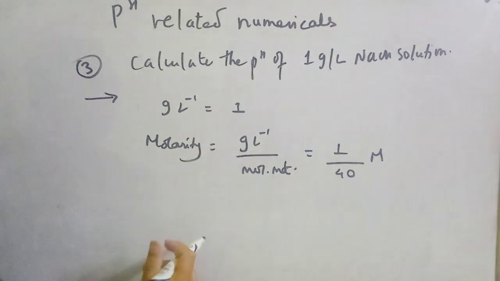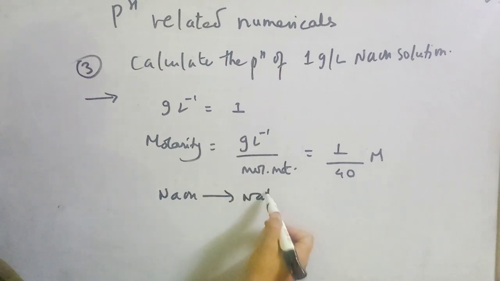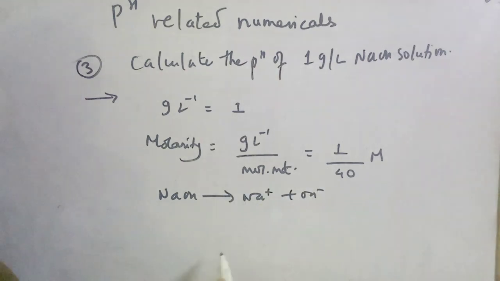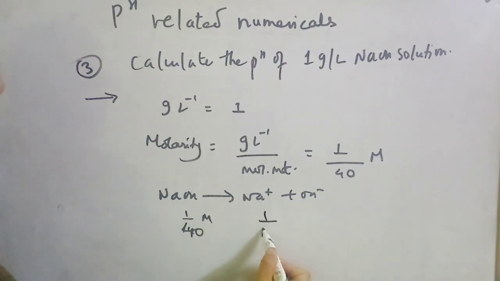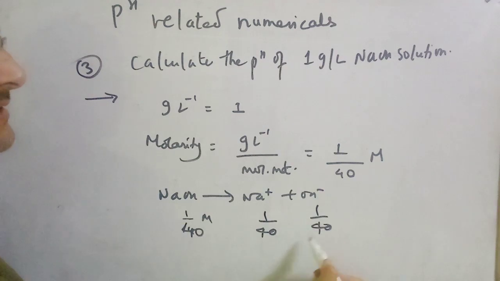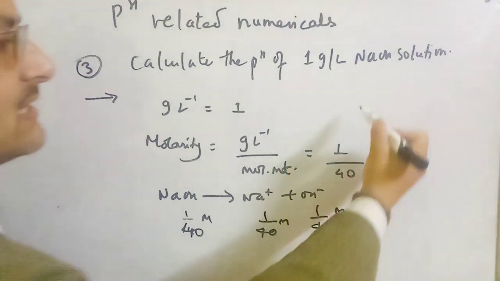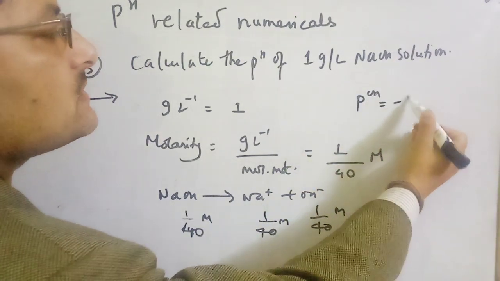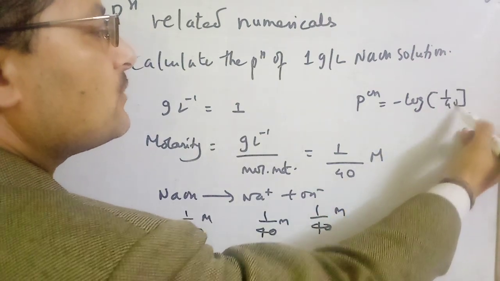Once you get the molarity value, then you can ionize NaOH into Na plus and OH minus. NaOH molarity is 1 by 40 molar, and this will also be 1 by 40, and this also 1 by 40. Hydroxide ion concentration is 1 by 40 molar. Then you can find pOH by minus log hydroxide ion, 1 by 40 molar.